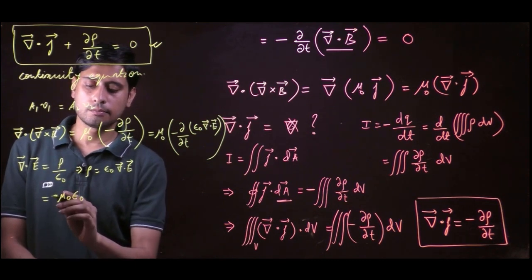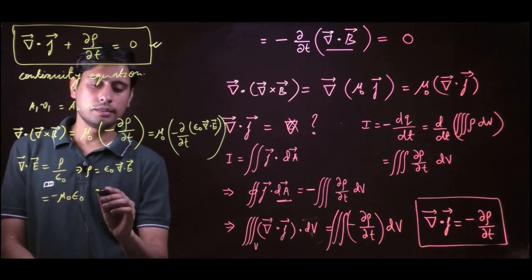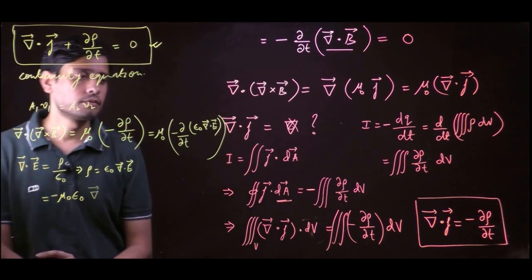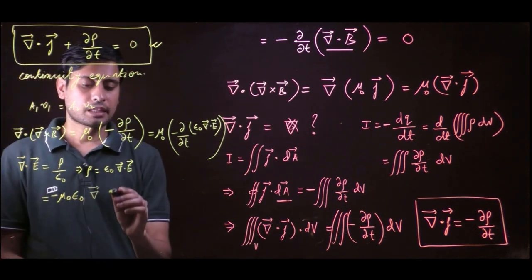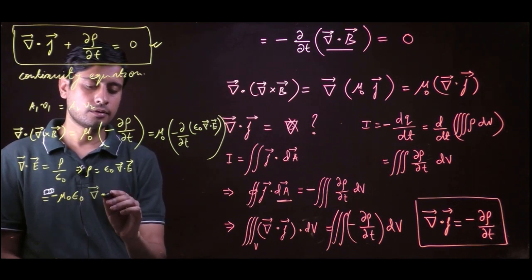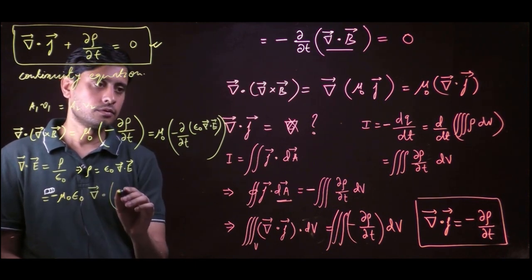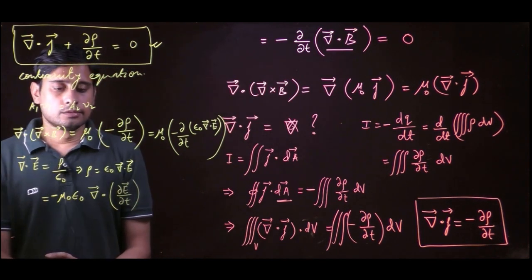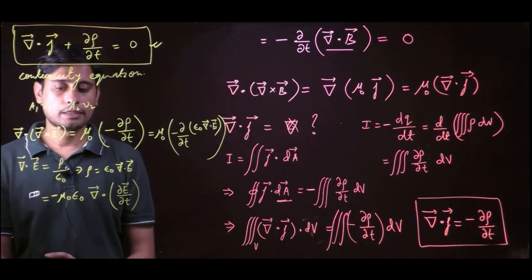So take this minus term out and write it as a swap of the differentials. So del dot del E by del T. So this is what you are getting.